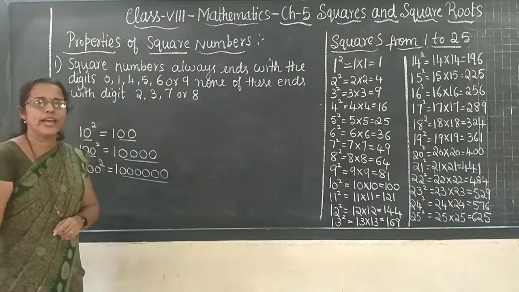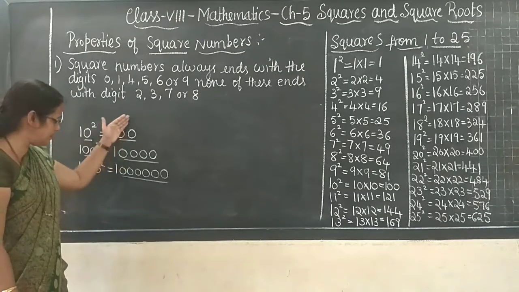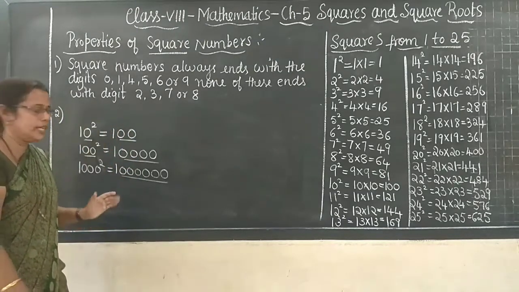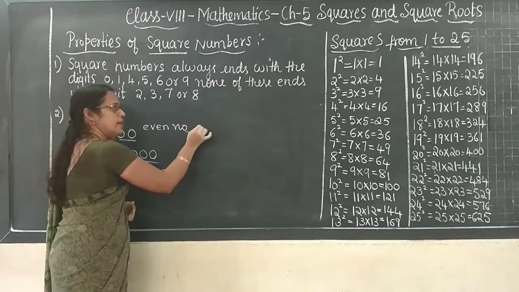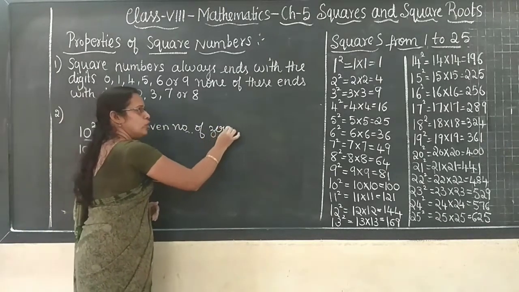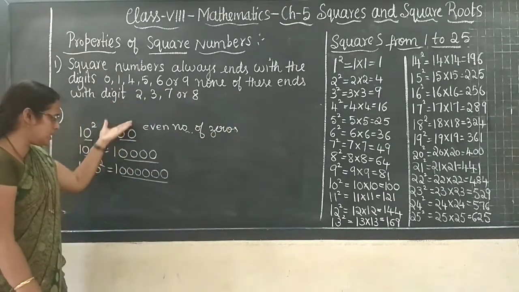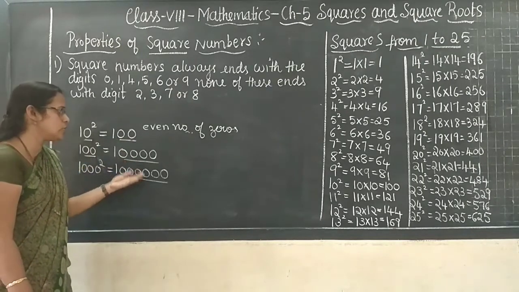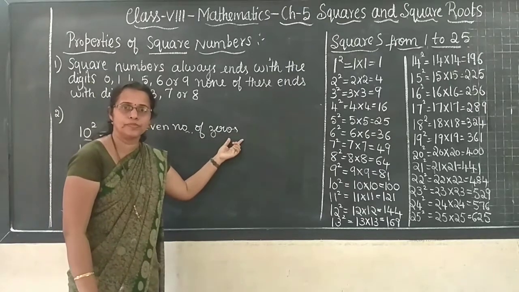From this, what can you understand, children? Square numbers end with an even number of zeros. Always you can say like this. These are called square numbers. Right, children? Square numbers end with an even number of zeros.